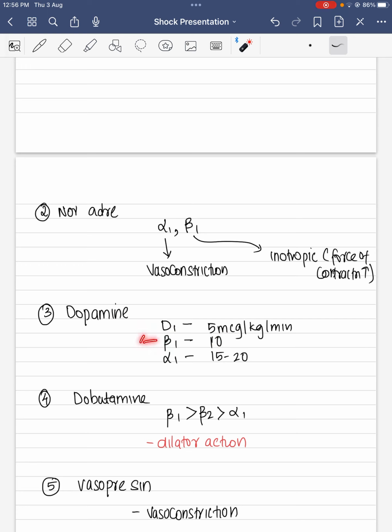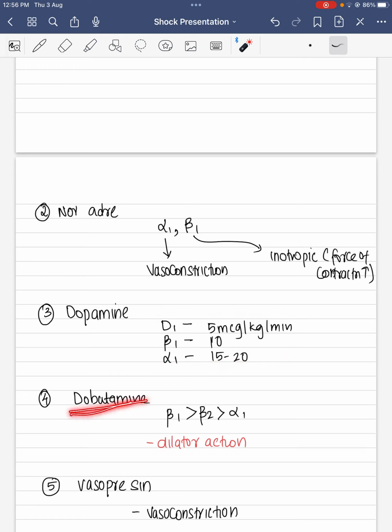Beta 1 means it increases the inotropic effect, which means force of contraction, and at 15 to 20 microgram per kg per minute it will act on alpha 1, which will produce vasoconstriction and increase the BP. This much is clear? So dopamine action is dose dependent.